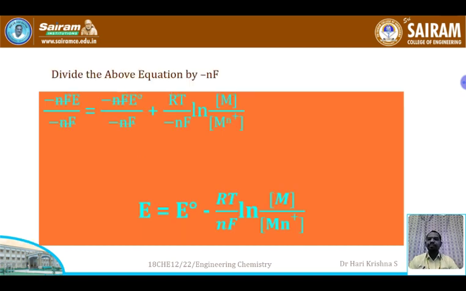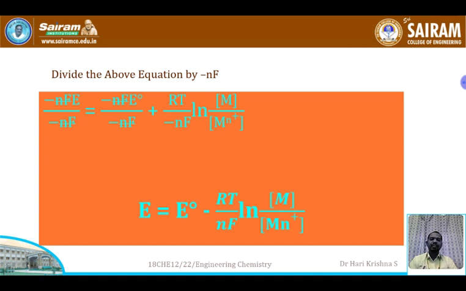The minus nF in the numerator gets cancelled with the denominator. It ends up with E equals E naught minus RT by nF ln concentration of M by concentration of Mn+.